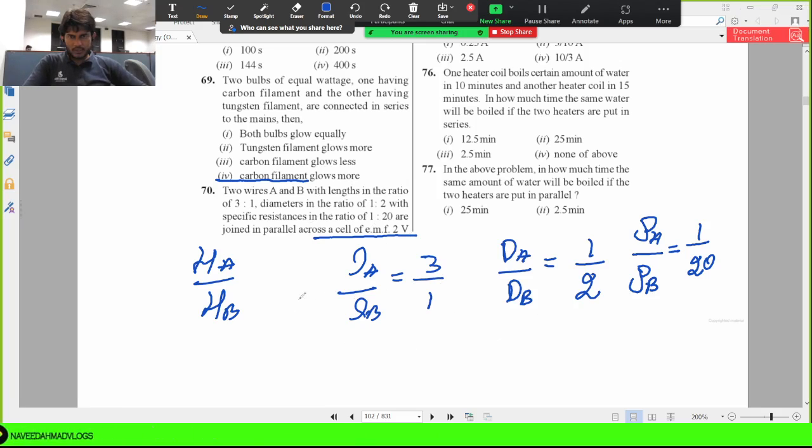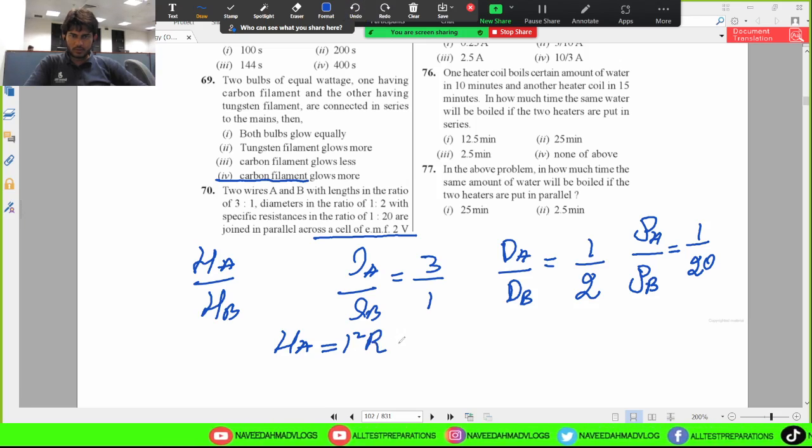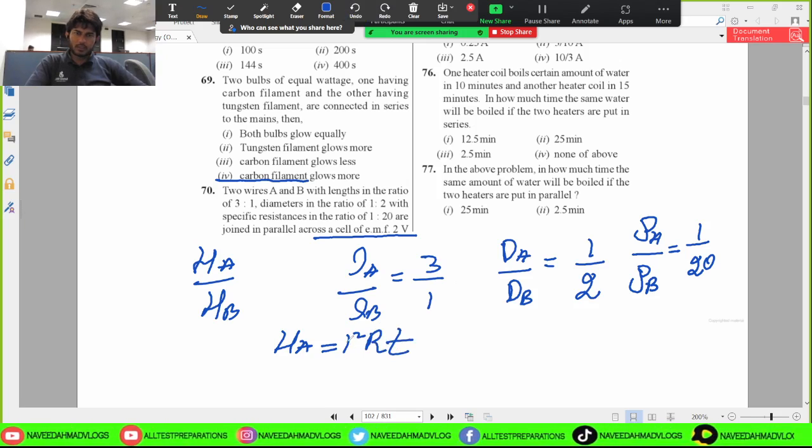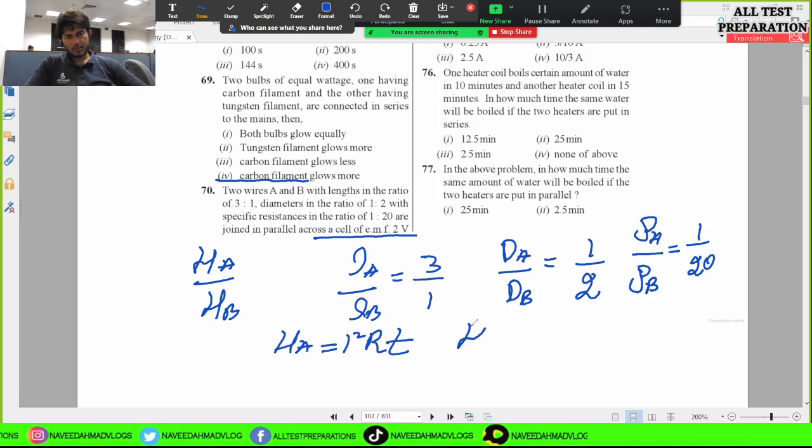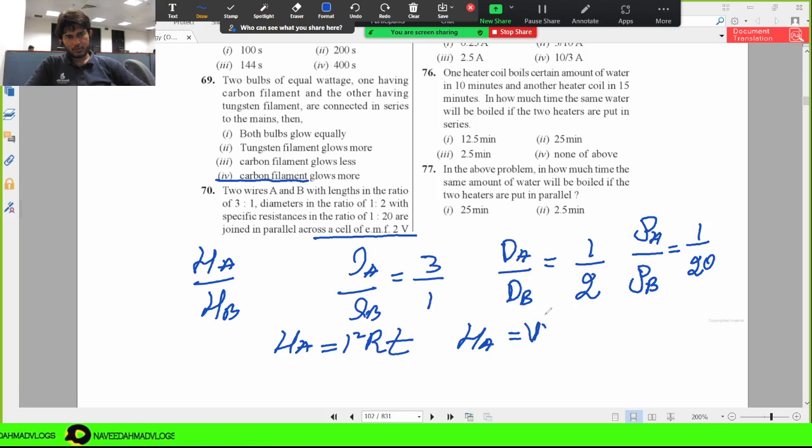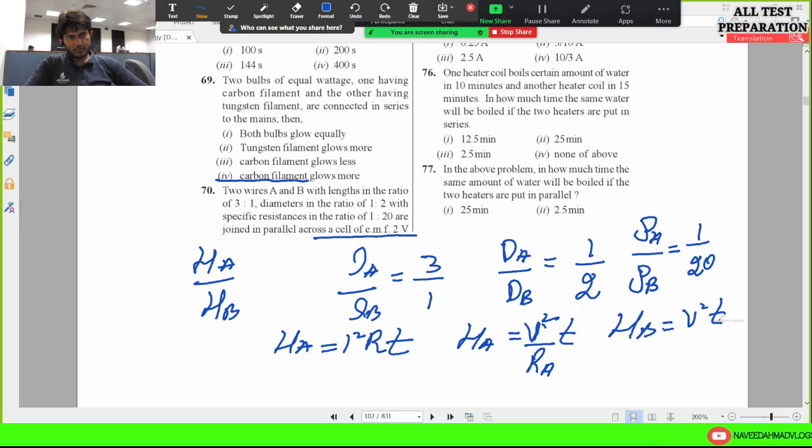So in this case you can use the formula I square R T. Okay, the voltage will remain constant, so you can use another formula, H is equal to V square divided by R T. Both will remain constant, so HA will be V square T divided by RA, and HB will be equal to V square T divided by RB.